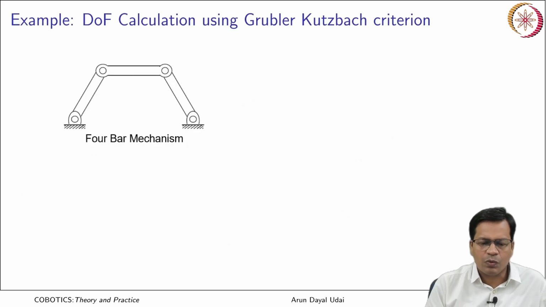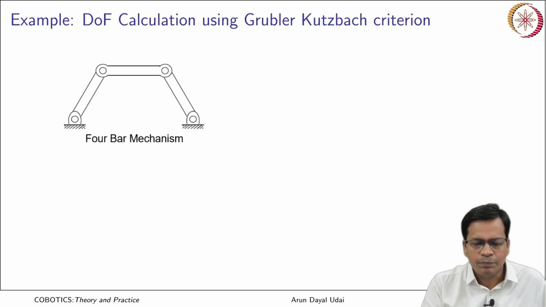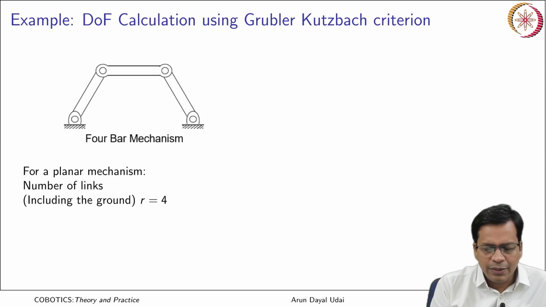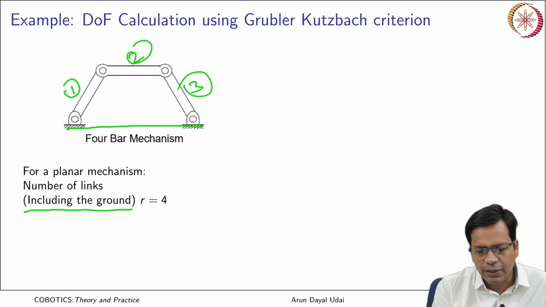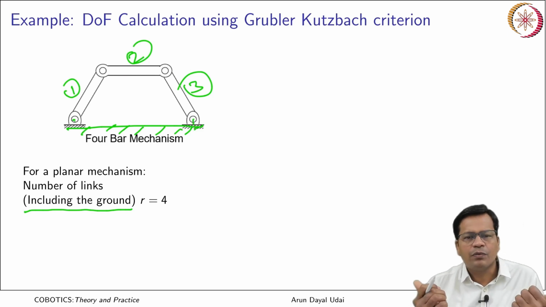Let us look through one example. This is a 4-bar mechanism here. The number of links including the ground is 4: 1, 2, 3, and the one connecting these two is a static link, which is not a moving link, but it keeps these two points at a fixed distance.